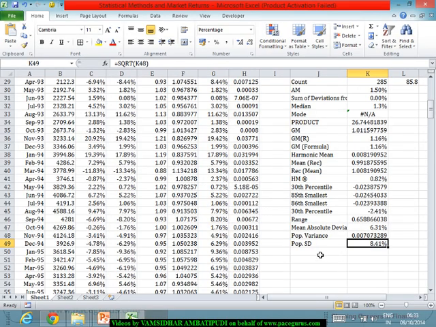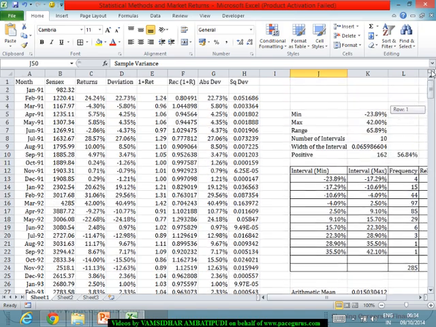Here, when I am looking at the sample variance, first of all I need to add up, because in case of population variance I have taken a plain average.